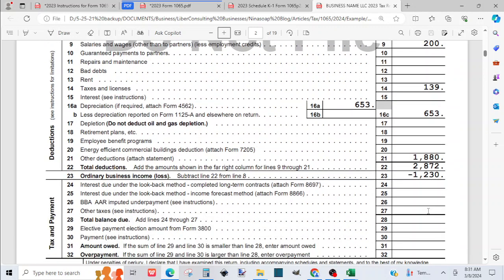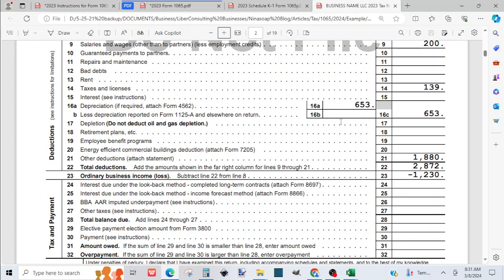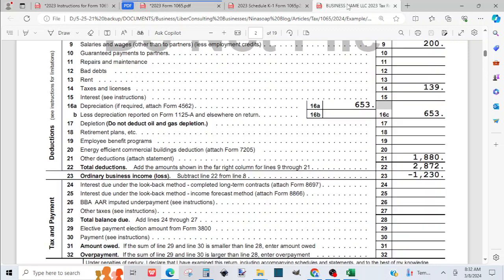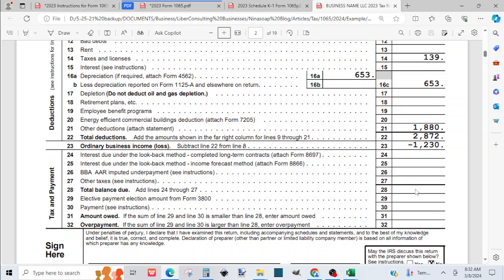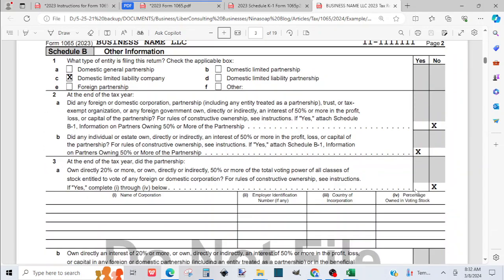The depreciation, I think we have 1642. So yeah. Okay. So those $2 amounts can affect the ending result. We have negative 1228 instead of 1230. Okay. But it's not really what we are here for. So let's continue.